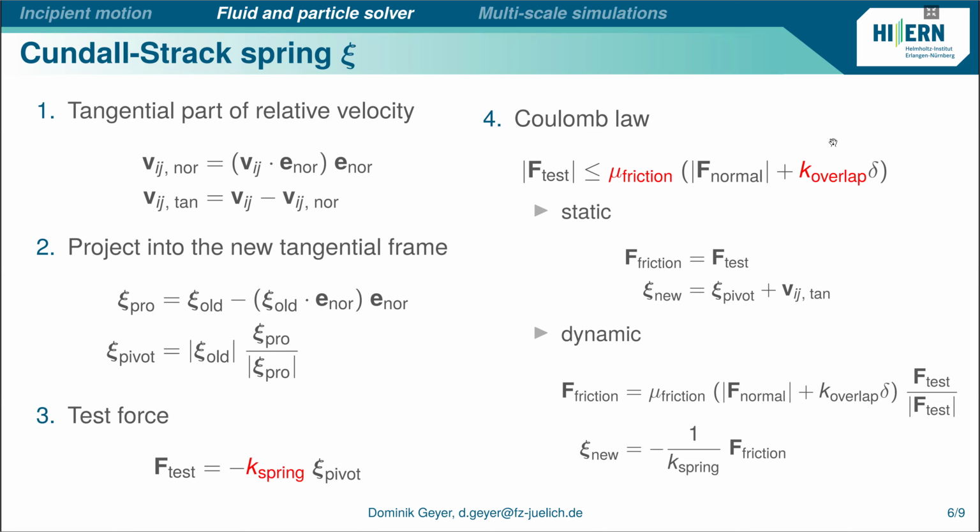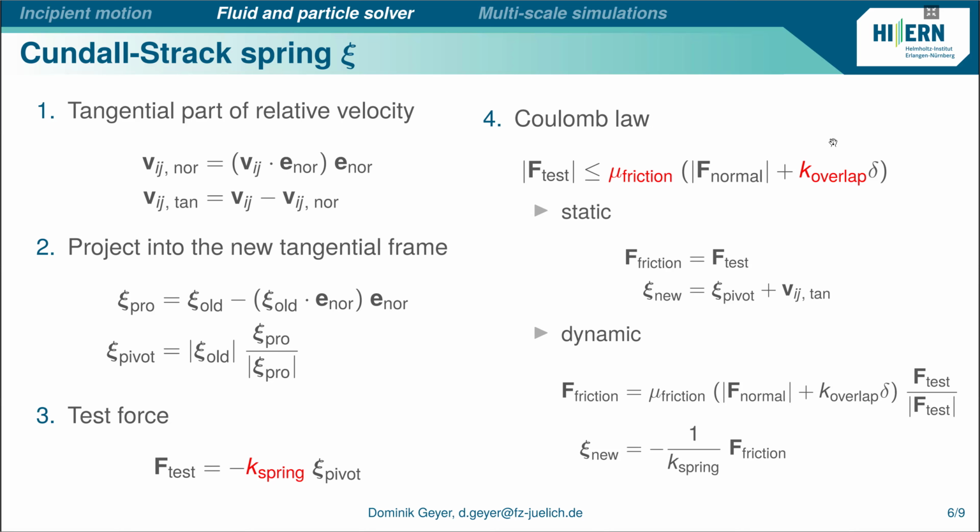And then we apply the Coulomb law, which I showed you before. And you have here, again, the normal force. You have the overlap of the particle, and you have the friction coefficient, which is quite known to most engineers. And now we can decide, again, between two states. One state is the static state, and one state is the moving object.